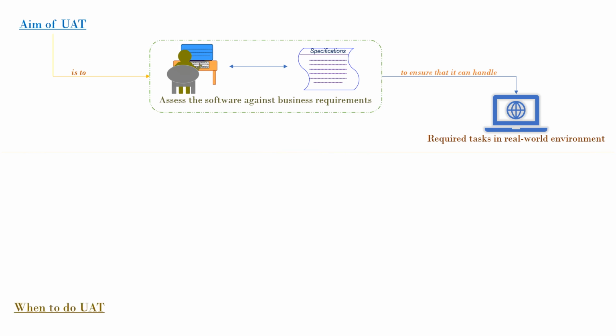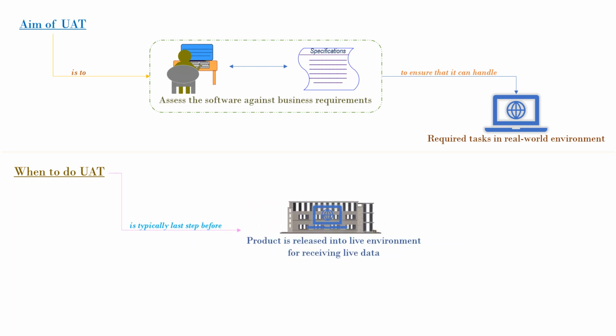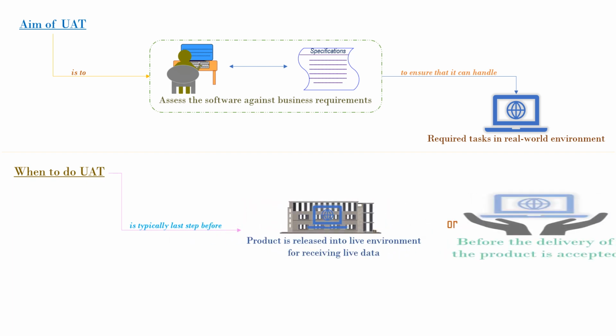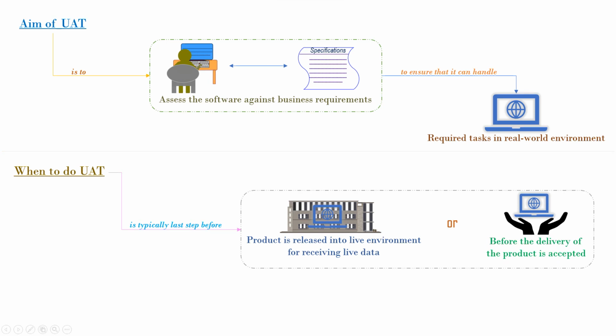UAT is typically the last step before the product is released into the live environment for receiving live data or before the delivery of the product is accepted. This test is done after the product itself is thoroughly tested.